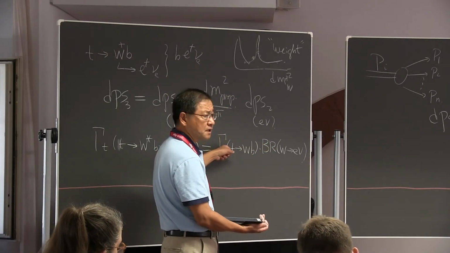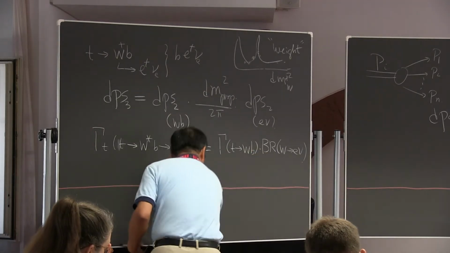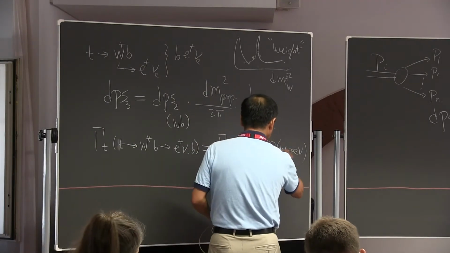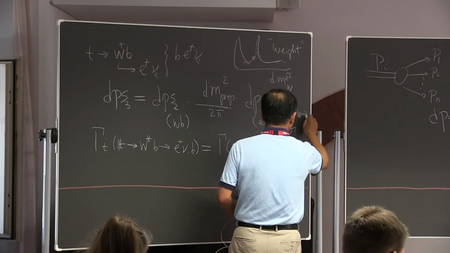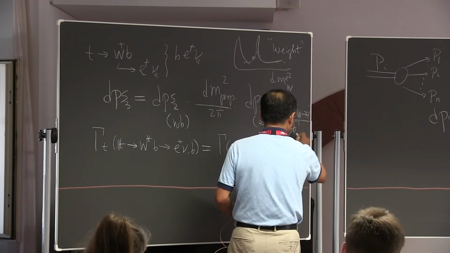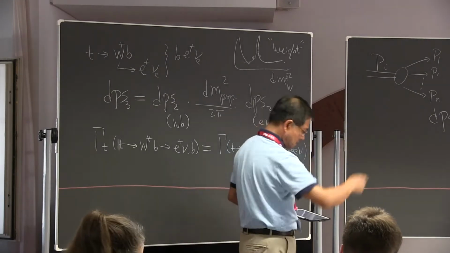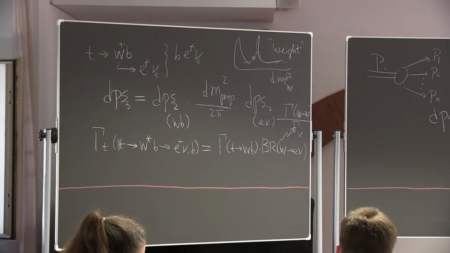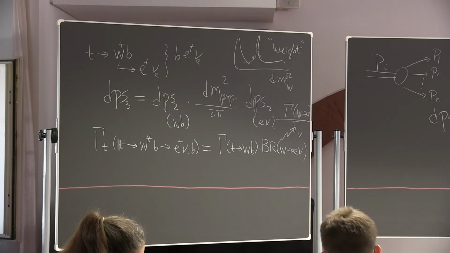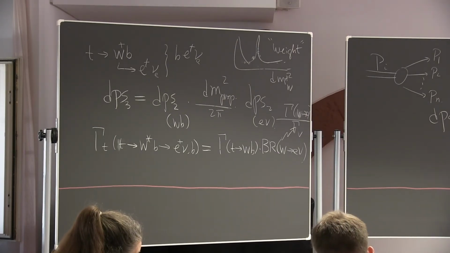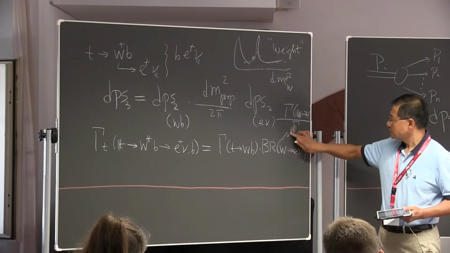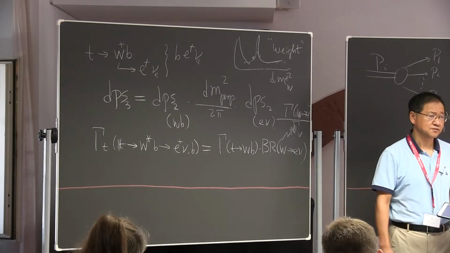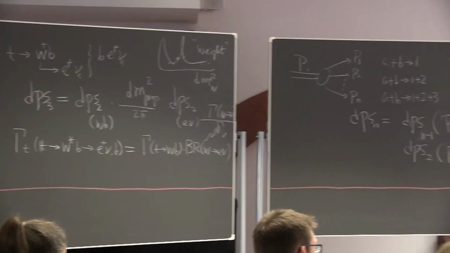One is from the two-body decay here. One is the other two-body decay, W to electron neutrino divided by the W width. There's a W width downstairs. That's where the normalization comes in to give the branching fraction. Okay, so that 1 over the W width is the 1 here, and then so you get the branching fraction. Okay, so that happens quite common.